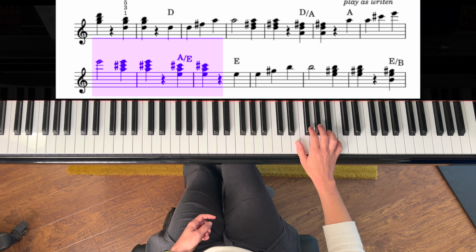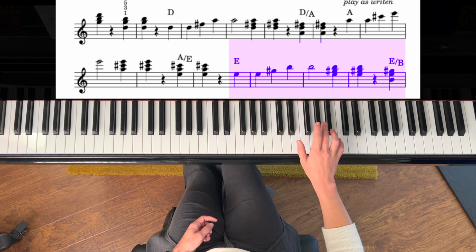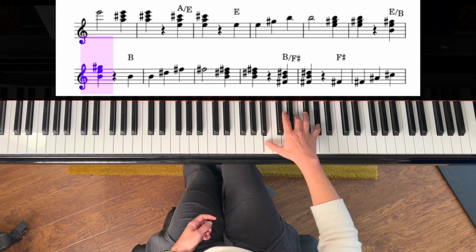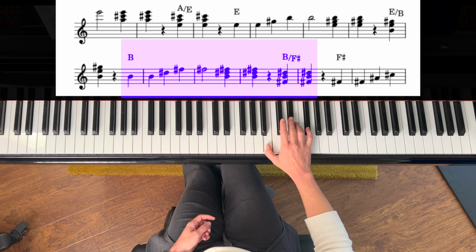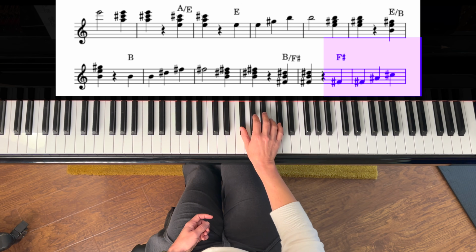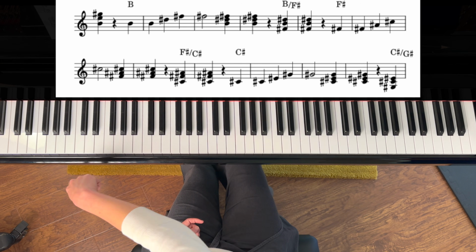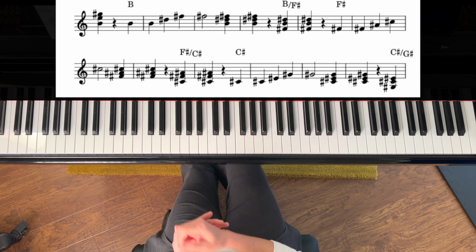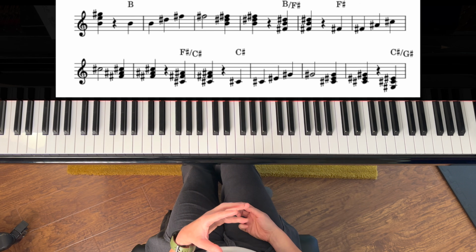Pivot note, E. Pivot note, B. Second. Pivot note, F sharp. And so on. So you end up all the way down here and you've worked your way through all the keys. I've written it for right hand, but of course, feel free to do it with your left hand.